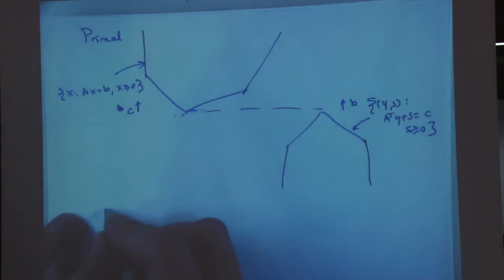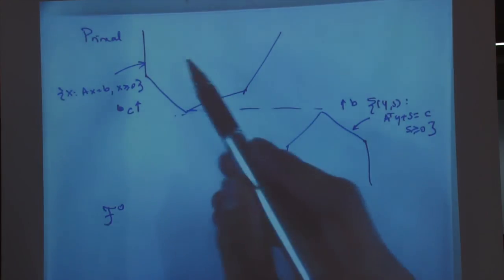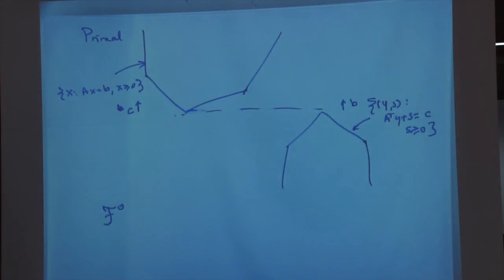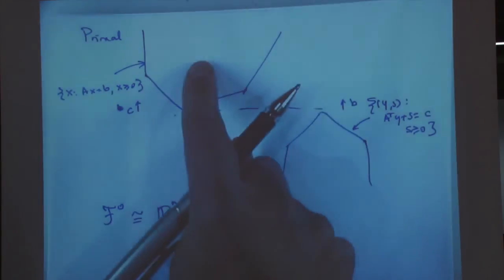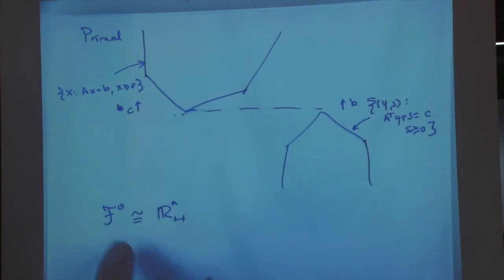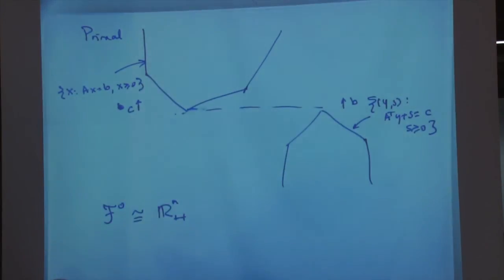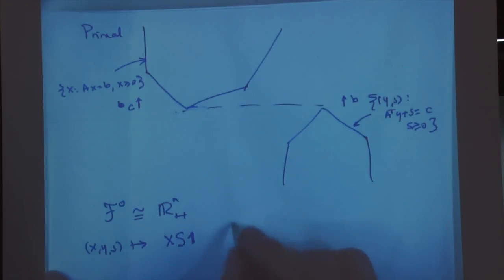Now, if you think about F0, it is like looking at all the interior points here and the interior points here. And then there is this neat connection between F0 and R^n_++. If you look at this map, to use the notation from last time, this is a bijection.